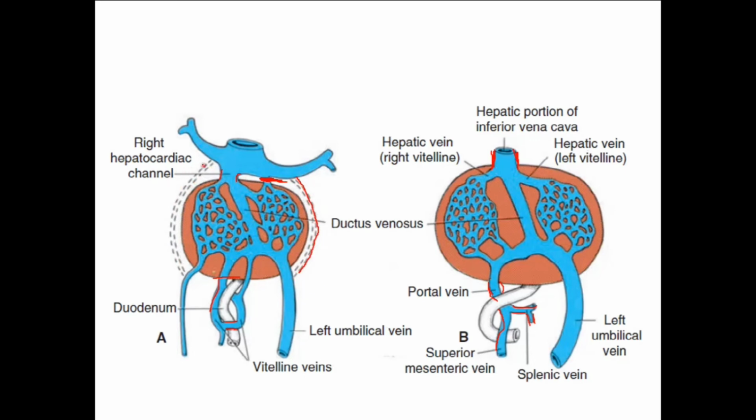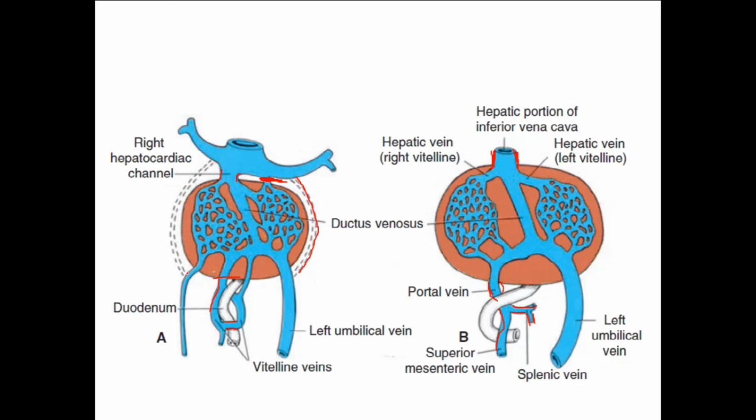This disintegrates on both sides. Now what will happen if this is disintegrated? Then the whole of the blood which is coming along the umbilical veins will first pass through the hepatic sinusoids and then through the hepatocardiac channel will reach the sinus venosus. No direct channel will be present.